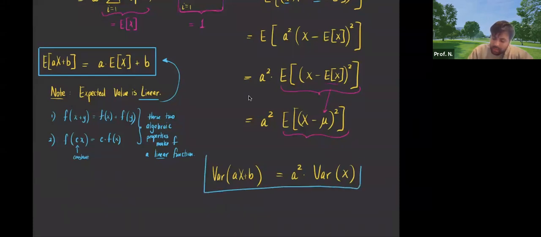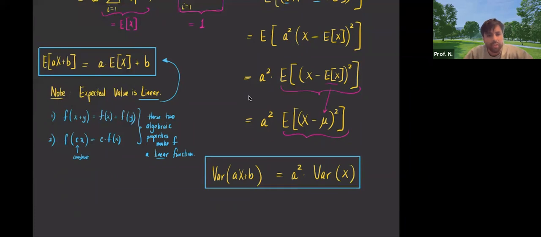Do you see the difference in the structure or in the essence of a variance operator compared with the expected value? Expected value has very nice properties. When someone says that something has a linear property, it's very nice. Why is it nice? Because it's something that you expect. You expect that if you take the function of a sum of things, it's equal to the sum of those functions.